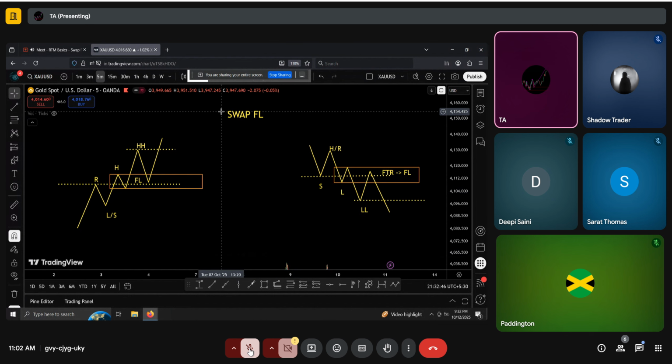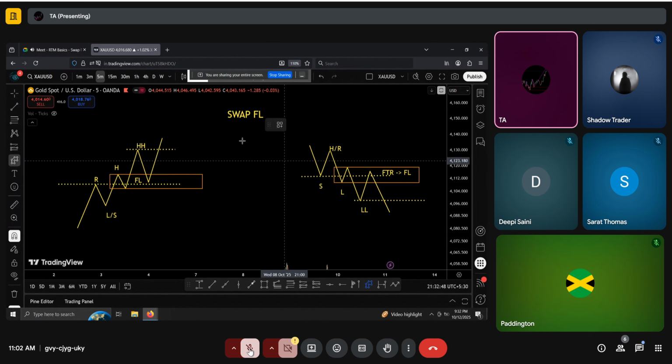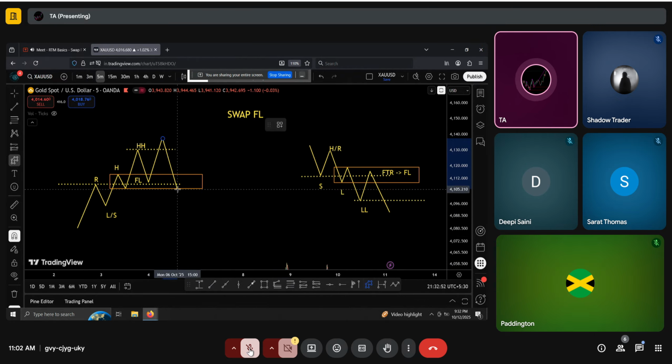So when price comes back and breaks this FL to the downside, comes here, pulls back and comes down again, right?